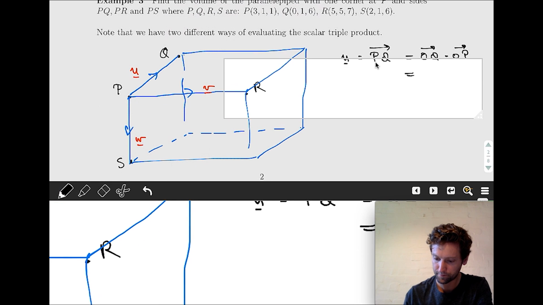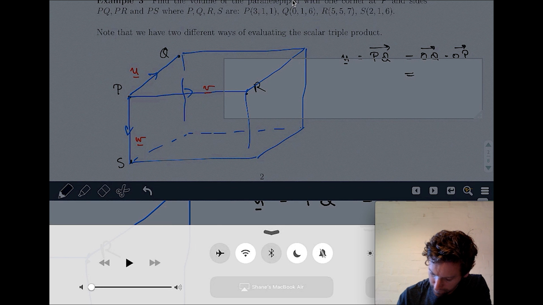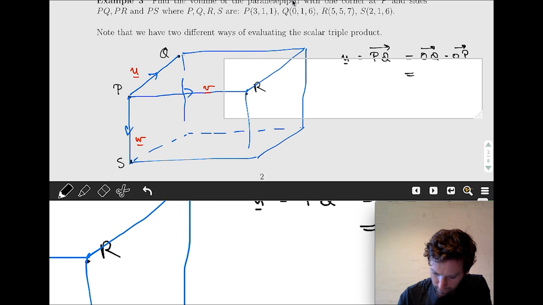So referring up here to the coordinates of our points, it'll be 0, 1, 6 minus 3, 1, 1. So that will be minus 3, 0, 5.